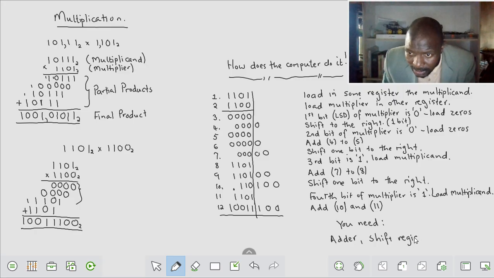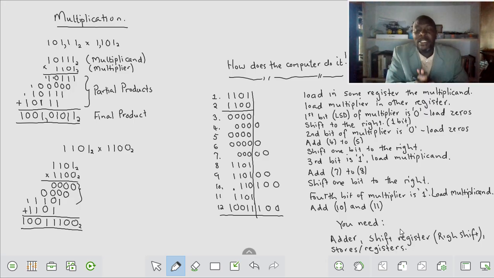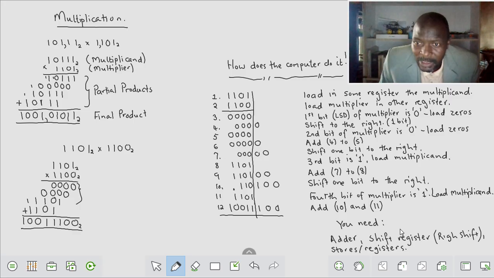This one is specifically a right shift. Obviously, what else do you need? You would also need the registers that store values. All right, that's basically how you do the multiplication, and that's also how the computer does it.